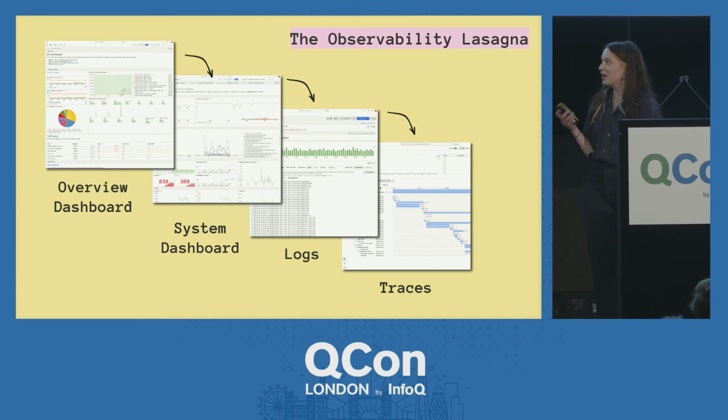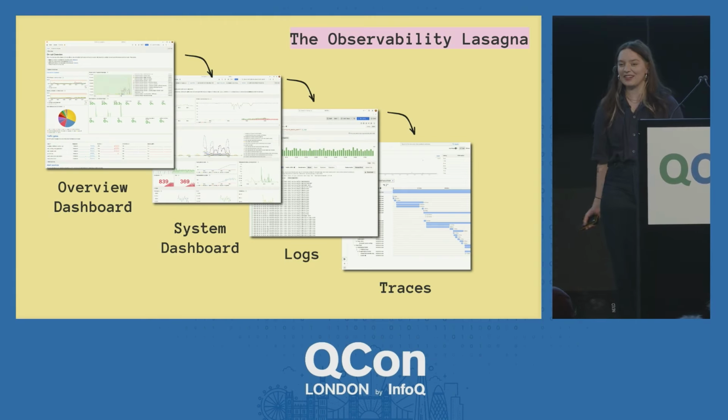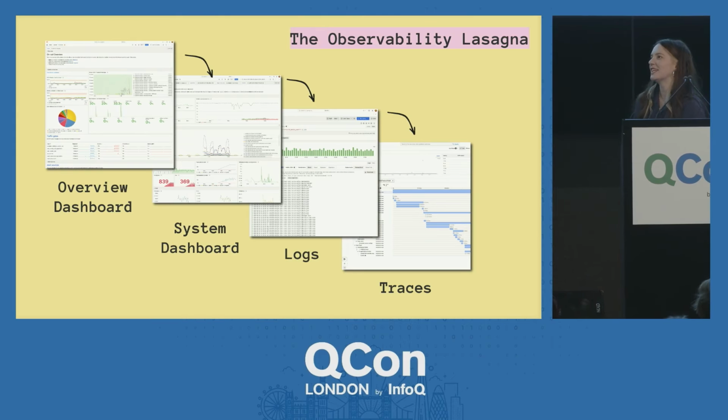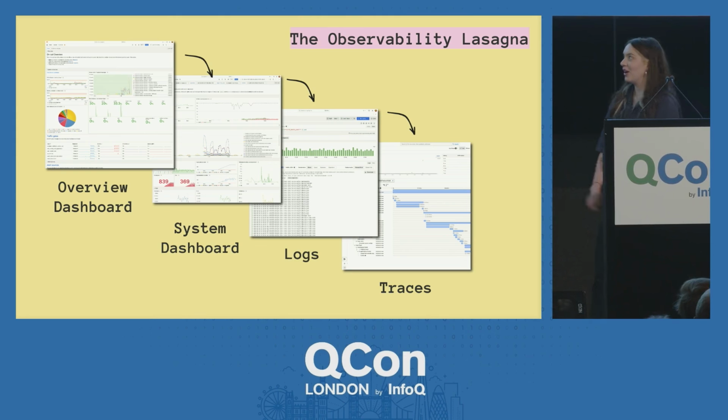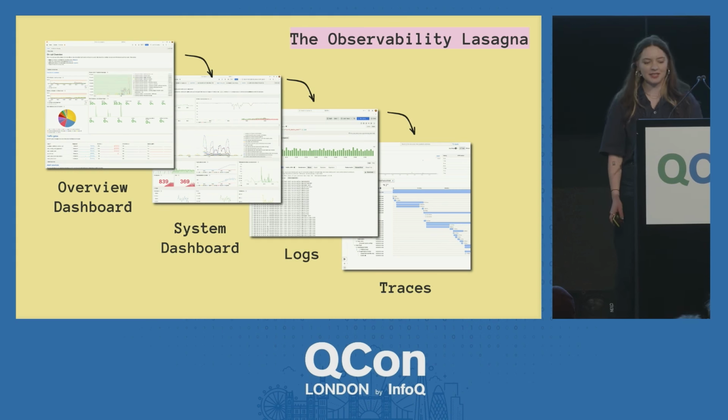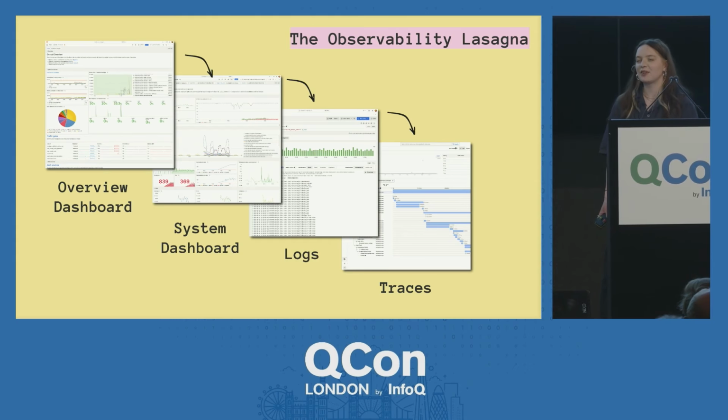I head to our overview dashboard, because that's a pretty vague alert, and I don't know what's going on. I quickly diagnose that it's an issue with our alert routing system, because I see high latency on that row. I dive into our system dashboard, and I quickly find out that it's an issue with a single organization.